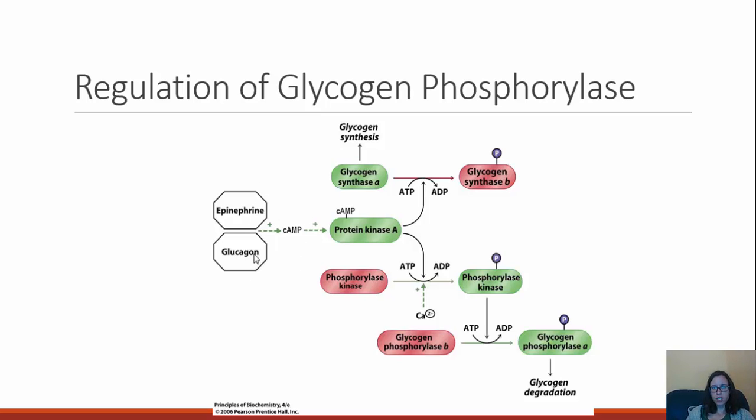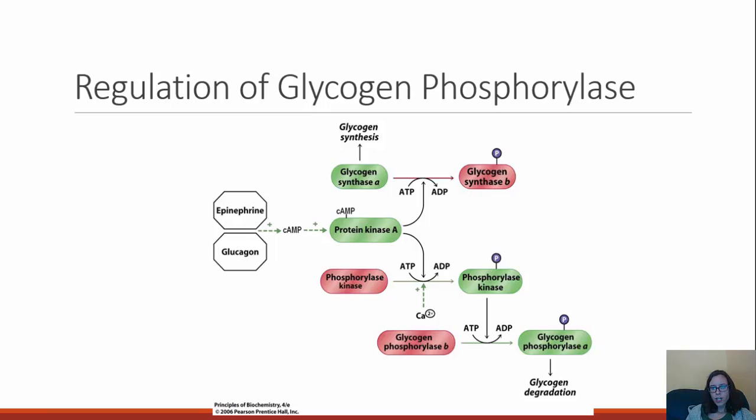We have our first messengers, they impact our second messenger, and then we have activation of protein kinase A. However, protein kinase A, which adds a phosphate group and deactivates glycogen synthase, actually activates phosphorylase kinase.